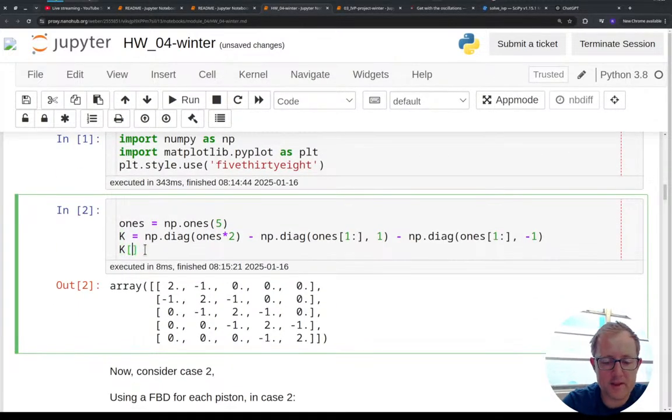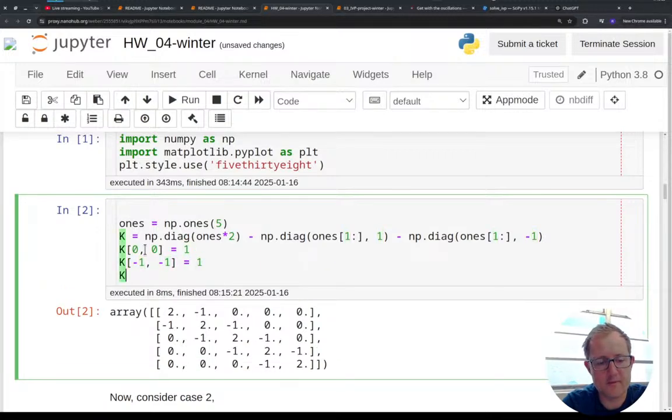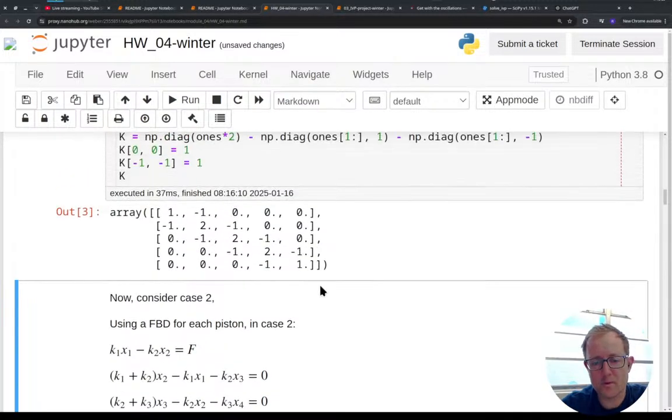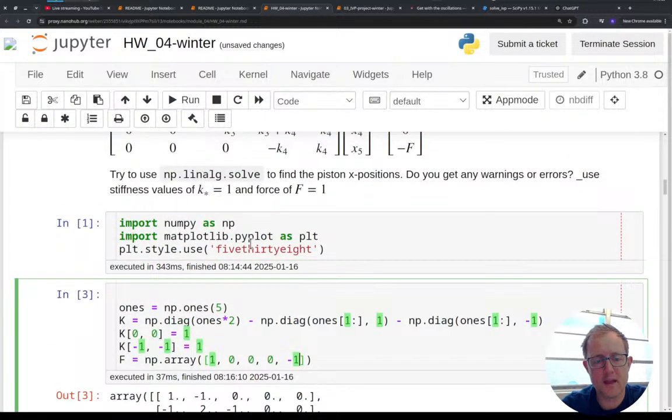I just need to replace [0, 0] as a 1 and [-1, -1] as a 1. And now I end up with the same matrix that I was trying to solve for. And then F is going to be an array of 1, 0, 0, 0, and -1, like that.